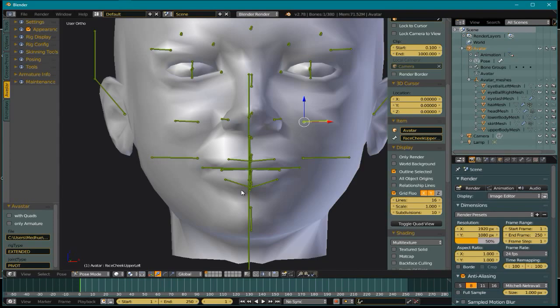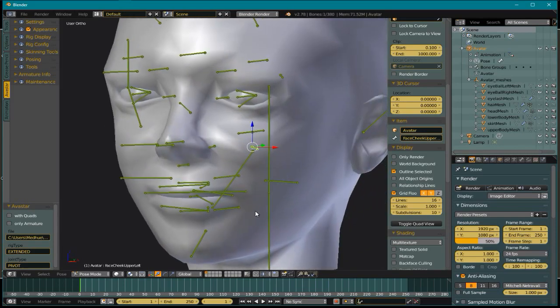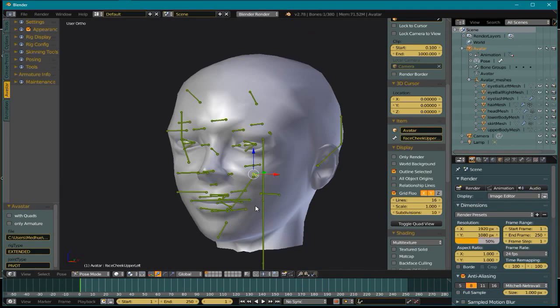You could purposely want people with extremely small lips or extremely small noses, maybe like anime characters, and you can do this purposely. But I'm just saying that when you are making a bento head, consider all of the sliders you're going to be dealing with, and the better you consider those sliders, the better your head is going to be.